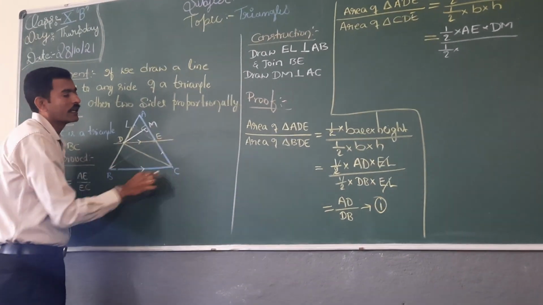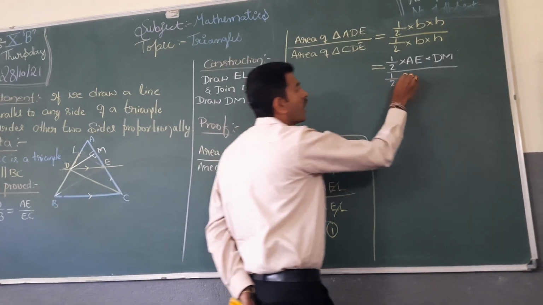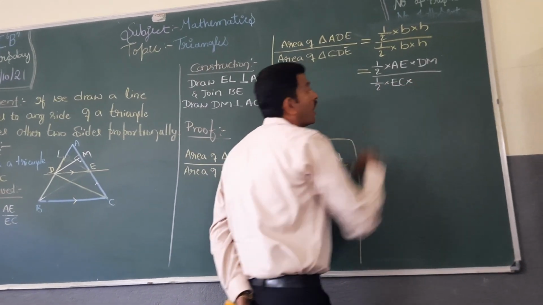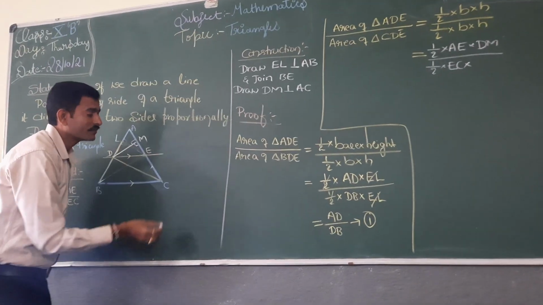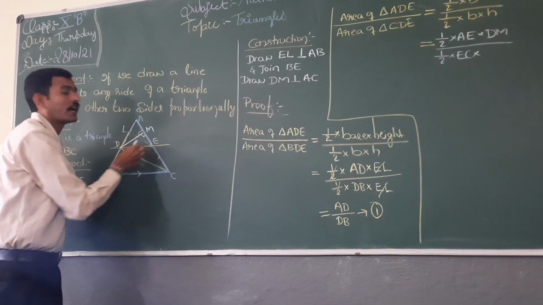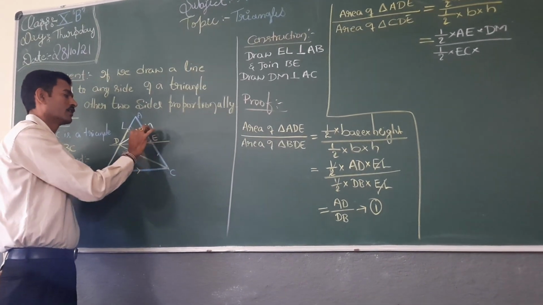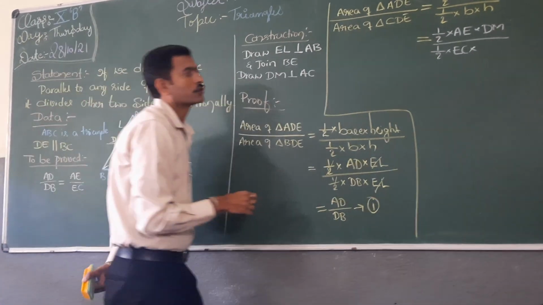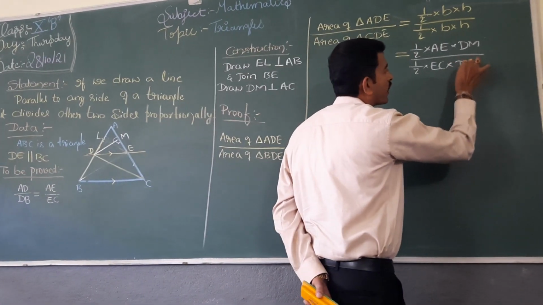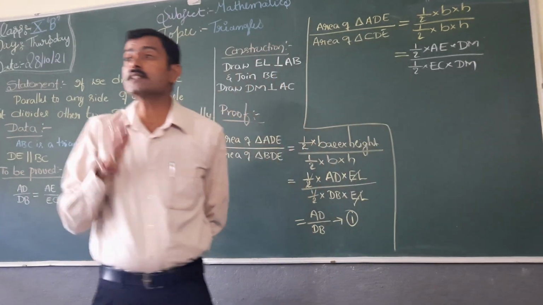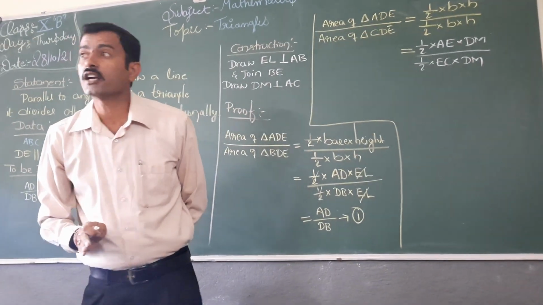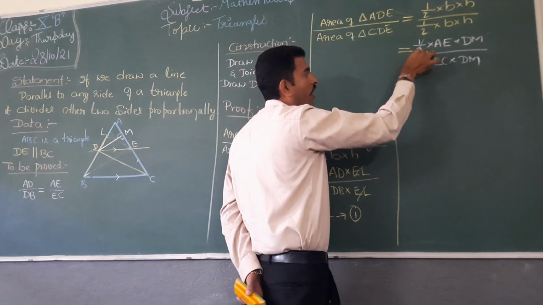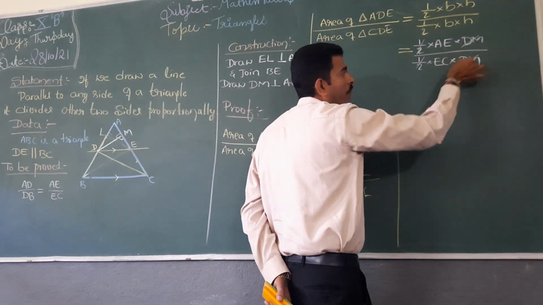CE. And what is the height? DM. To get the height, I should produce the line, sir. Then DM is perpendicular to CE also. So here also DM is the height of this triangle. Understood, children? Sir, here half cancels, DM cancels.